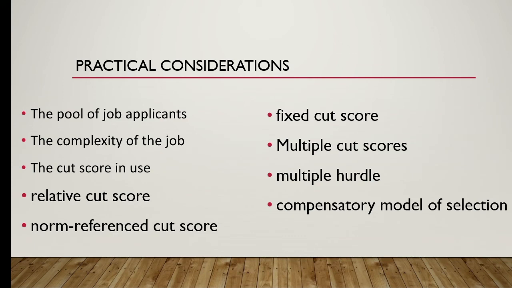The cut score used for each predictor will be designed to ensure that each applicant possesses some minimum level of a specific attribute or skill. In this context, multiple hurdles may be thought of as one collective element of a multi-stage decision-making process in which the achievement of a particular cut score on one test is necessary in order to advance to the next stage of evaluation in the selection process.